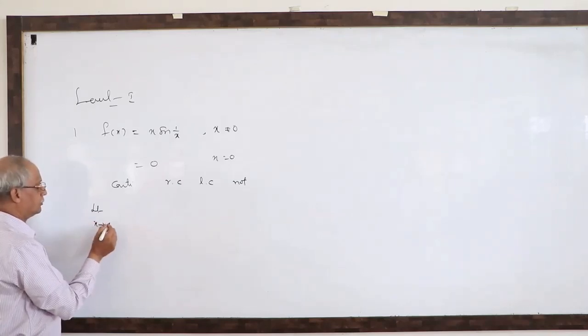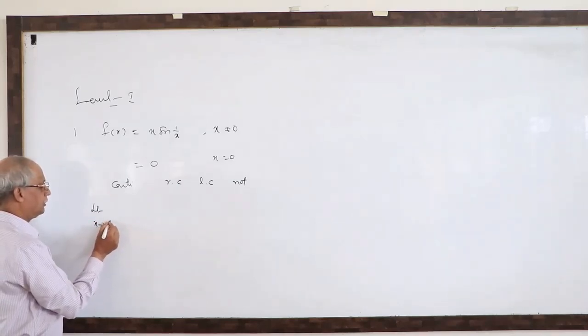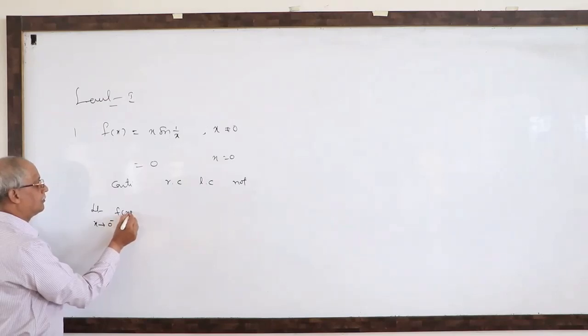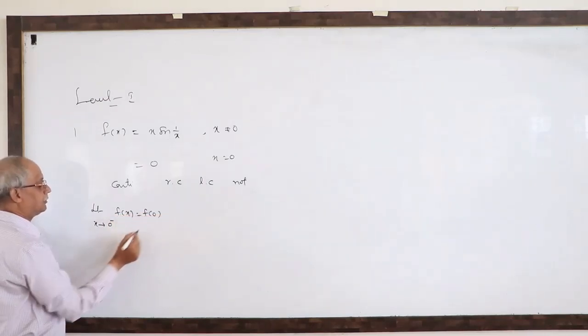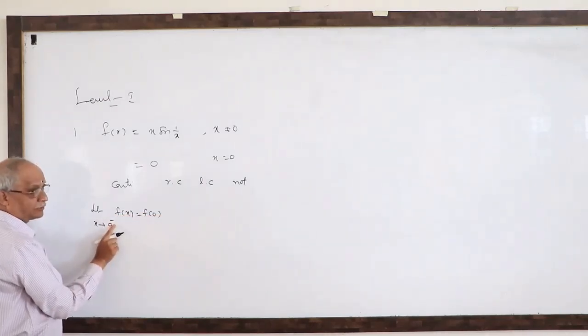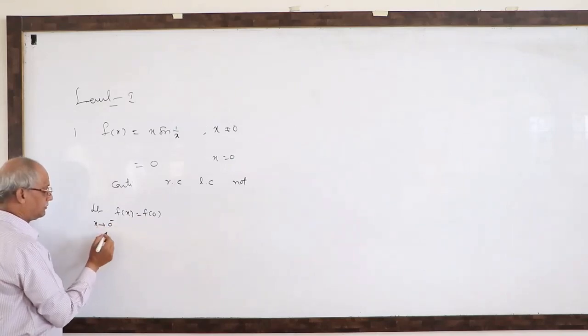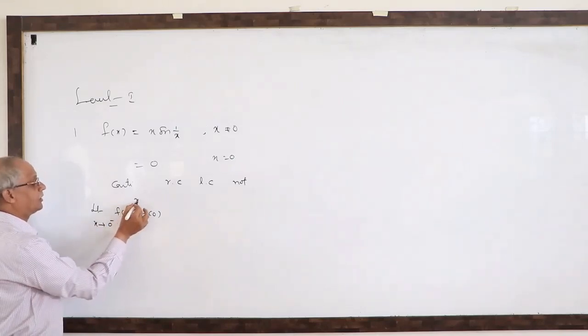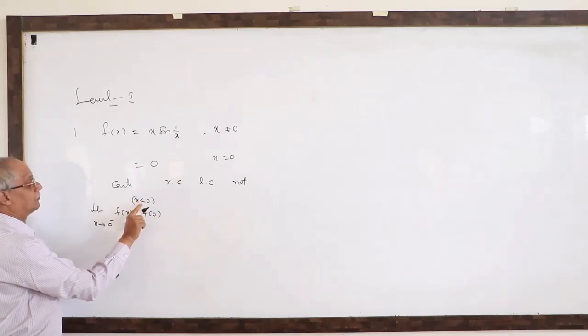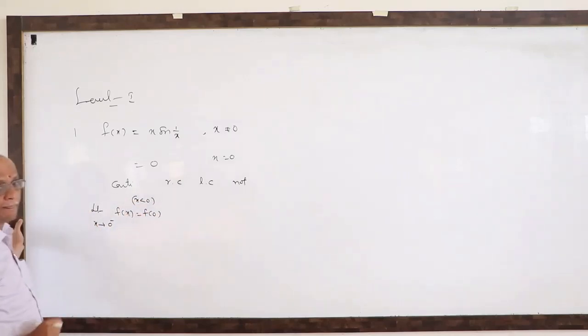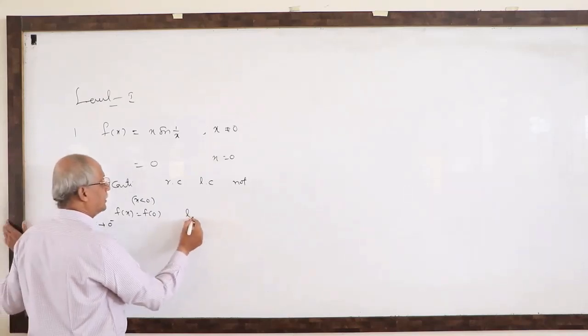x tends to 0 minus, f of x equal to f of 0. Left side of 0. 0 minus, what is its meaning? x less than 0, means x is negative. Then we say it is left continuous.